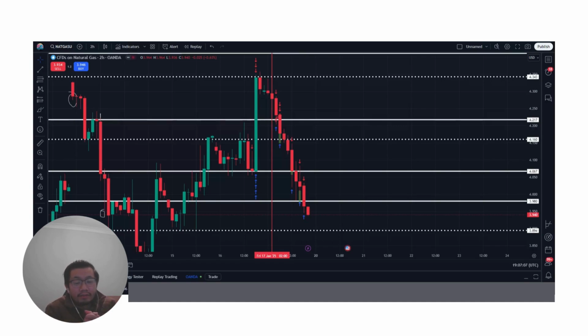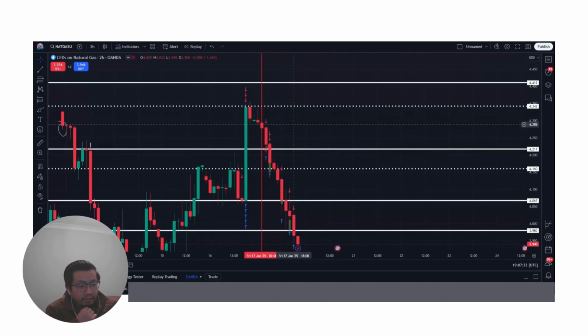Finally, let's look at the trades I've done. As you all know, on the 17th of January 2025, there was basically a landslide. My setup was a 2 hour chart again.